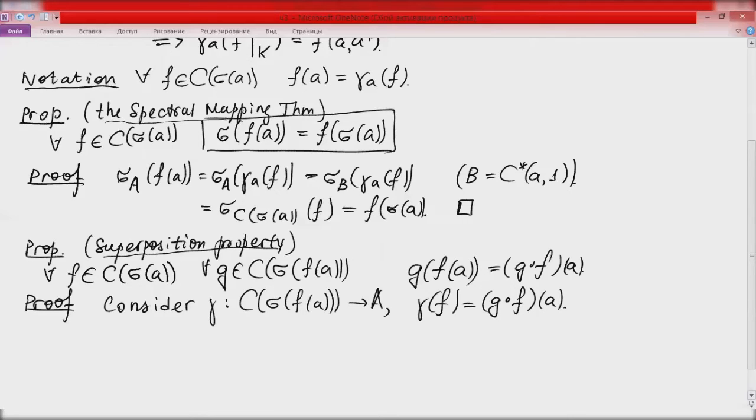So what can I say about this map? It's clear from this formula that gamma is a continuous unital star homomorphism.